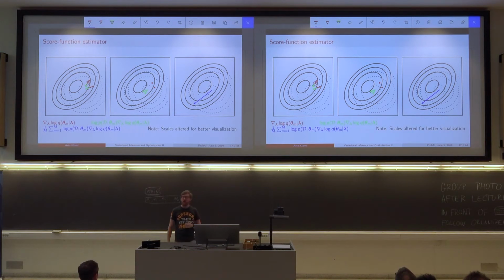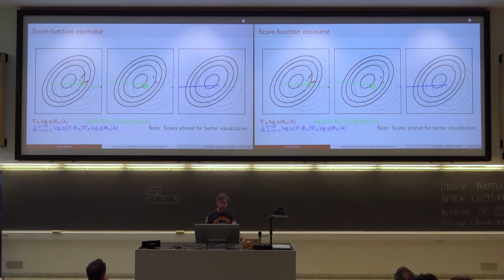Weighting it by the log of p flips the sign and scales it. What we have in the middle is these two gradients that correspond to these two data points, and how they try to influence the approximation. The average of those two is this one. It's pointing in the rather wrong direction, but not terribly bad.